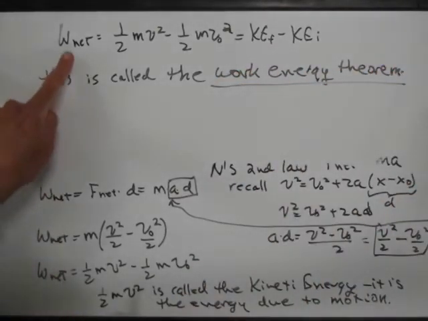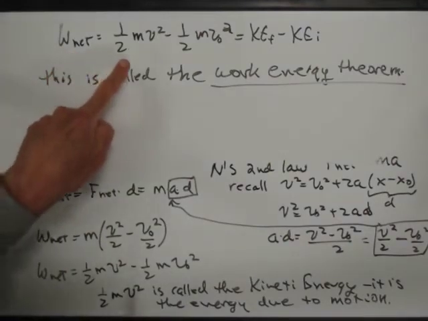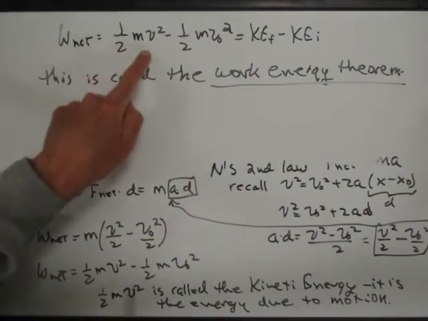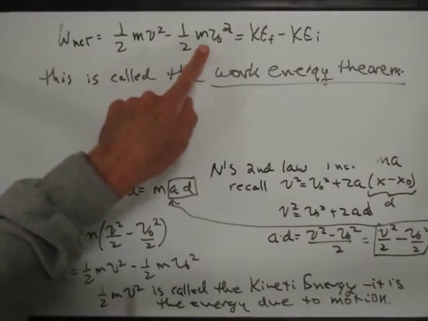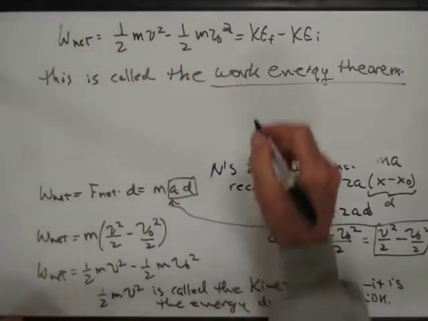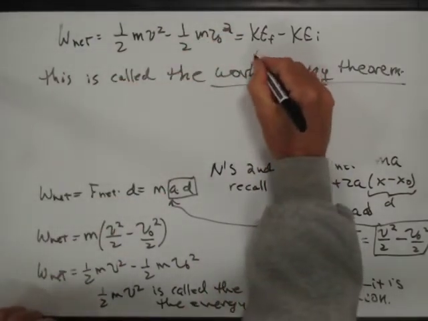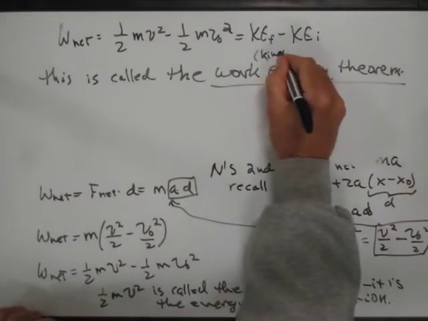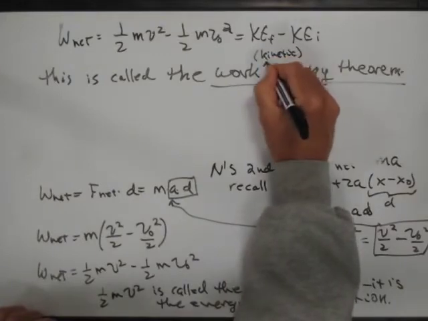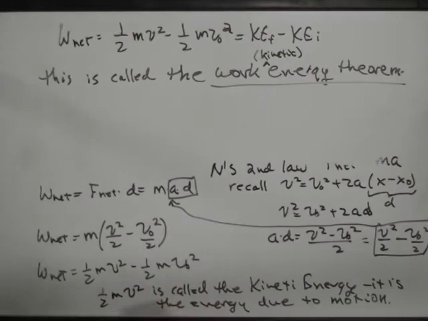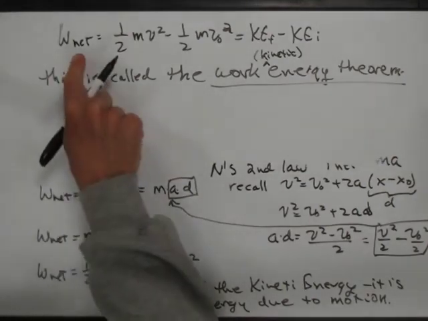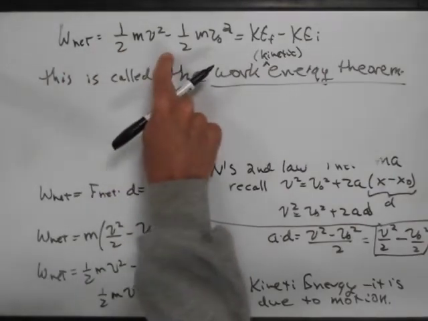So W net, the net work done on the system, is the change in kinetic energy of the system. It's called the work energy theorem. Sometimes it's called the work kinetic energy theorem, but it's usually just called the work energy theorem. So the net work done on a system is the change in kinetic energy of the system.